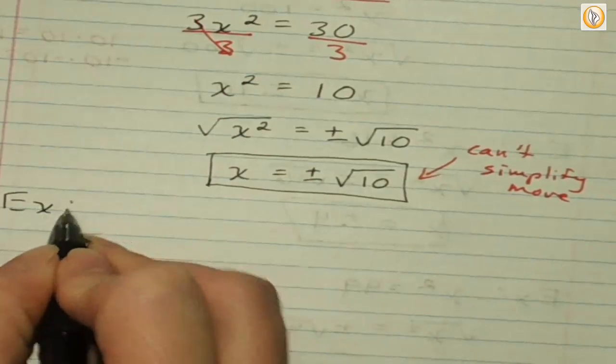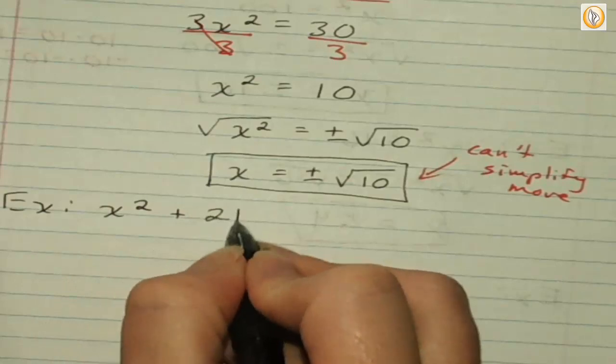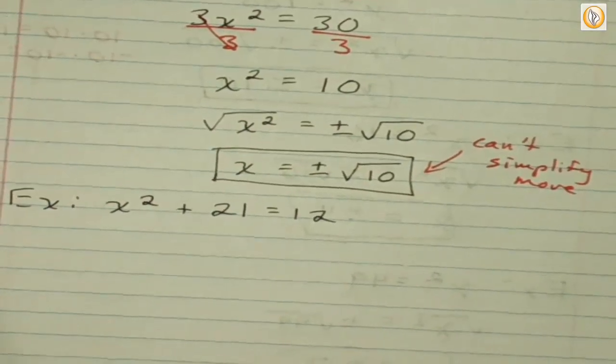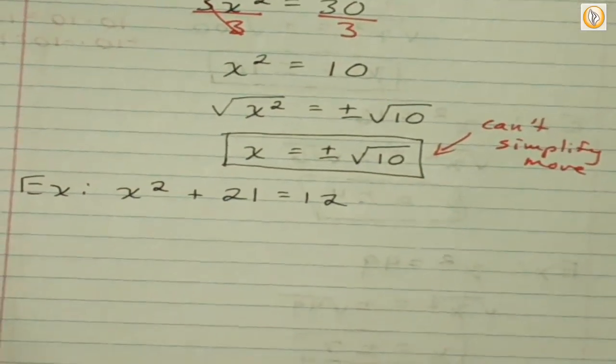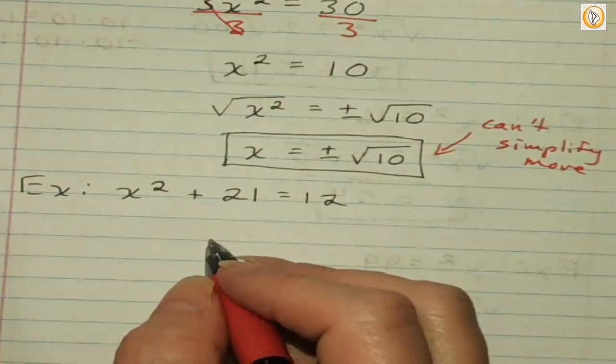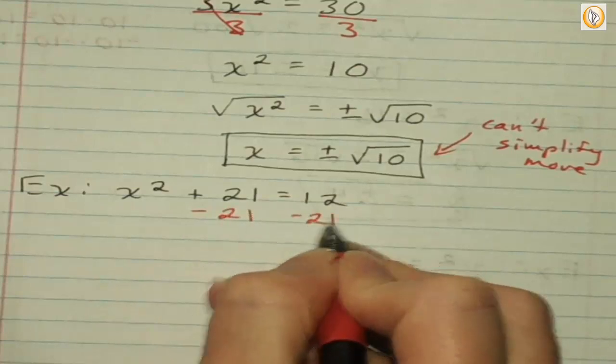Another example. Kelly, I'm going to let you do this one. x squared plus 21 equals 12. Okay, so I forgot what it's called, but I know that you subtract 21 from both sides.